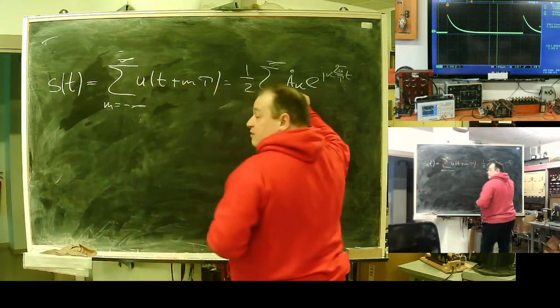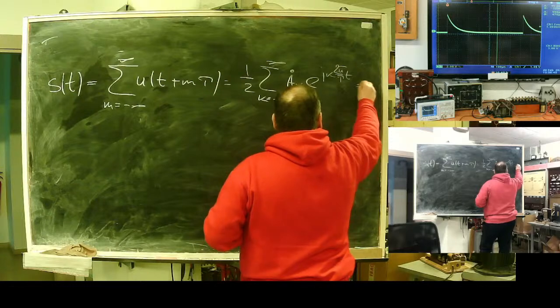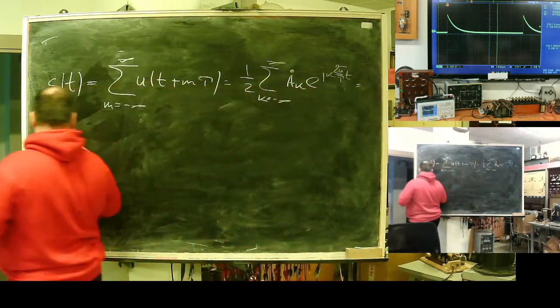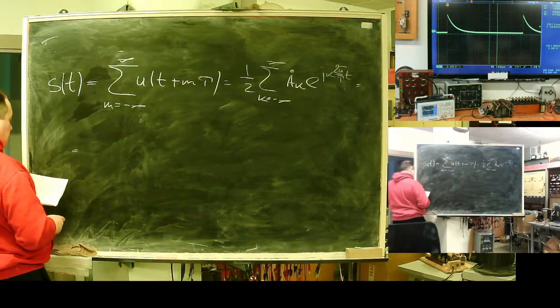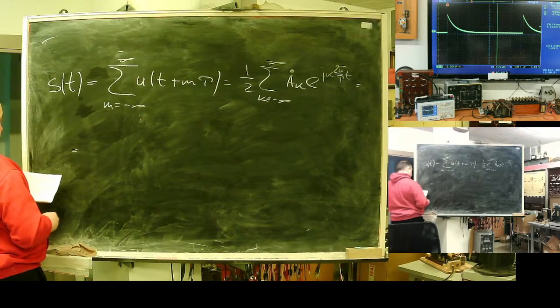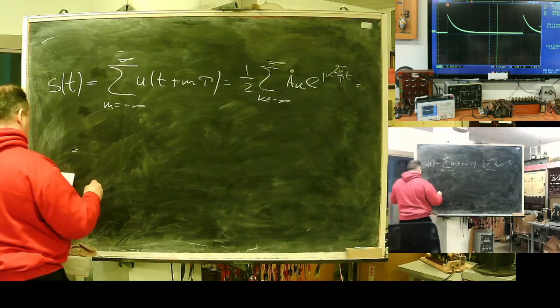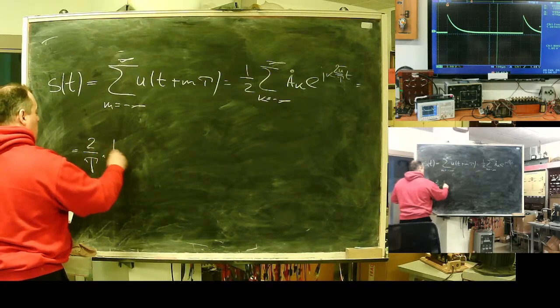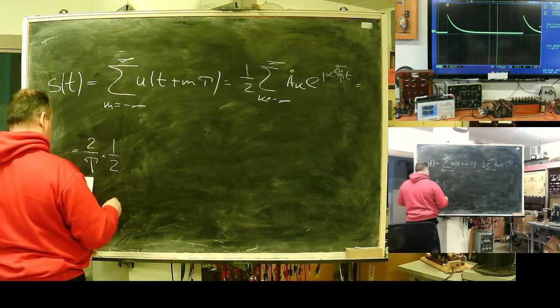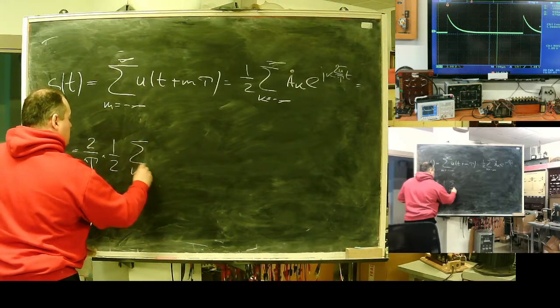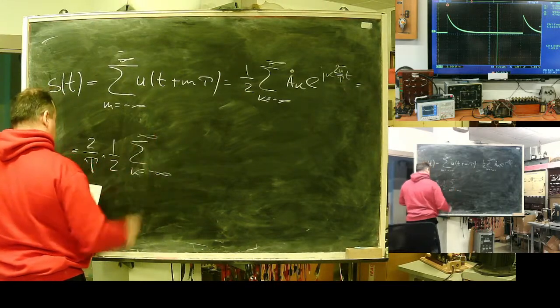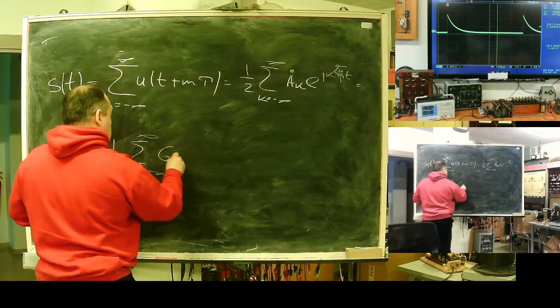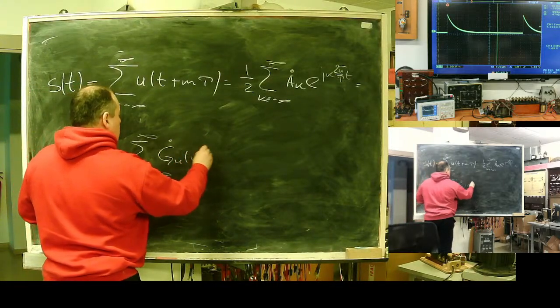The harmonic factors, or harmonic weights, I can get as values of the spectral function. So it will be 2 divided by period, one half goes forward, something from minus infinity to infinity, spectral function of frequency.